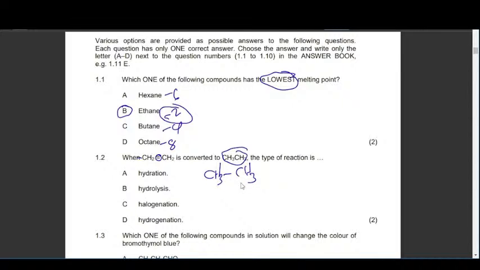The double bond will break in the middle. One part comes this side, another comes that side, and then this one is going to receive one hydrogen, and also this one is going to receive one hydrogen. That's why you count 1 plus 2, which is 3, and here 2 plus 1, which is 3. Since we are adding hydrogen in the reaction, the answer must be hydrogenation. So the answer becomes D.